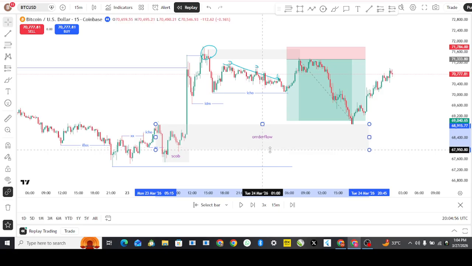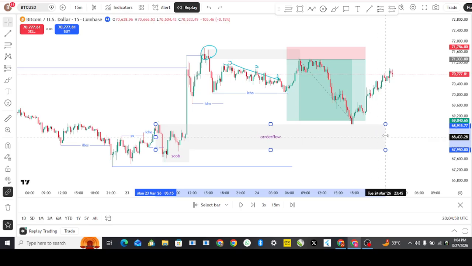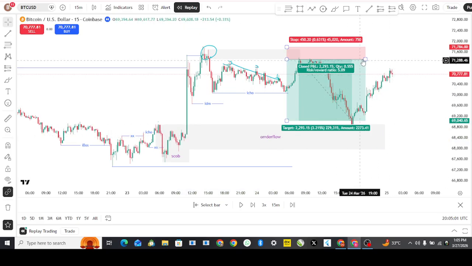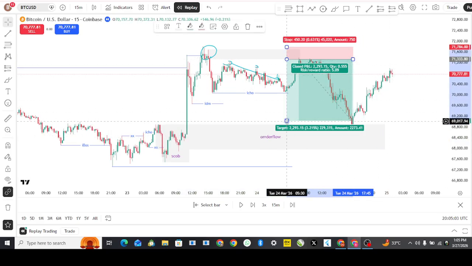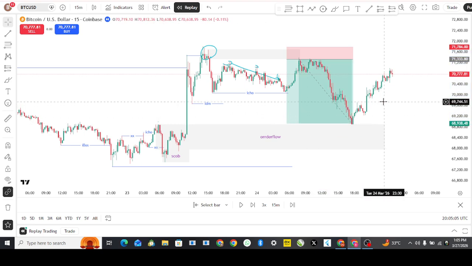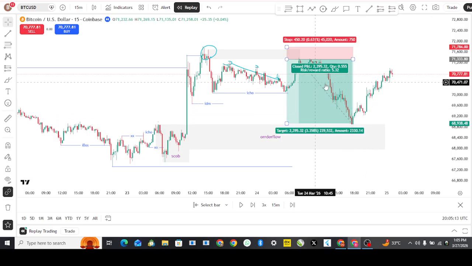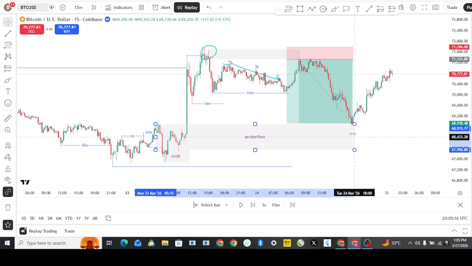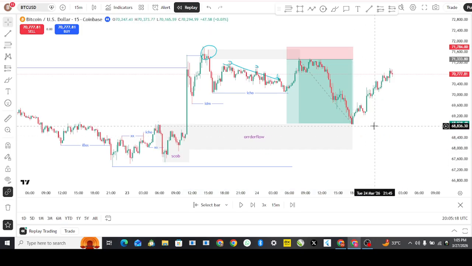Then cover this candle again. Cover the whole of this. So if I'm selling from this zone, where I should be targeting should be here. So this is where I should be targeting to take profit.